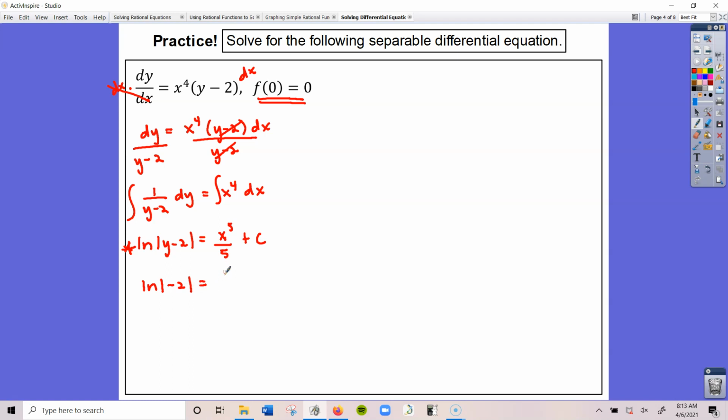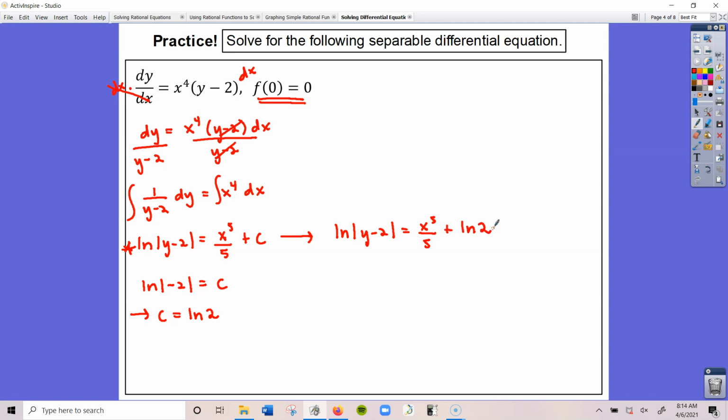Is equal to 0 to the 5th is just 0, so c. So that means that c is equal to the ln of positive 2. So now we can plug this in to our general solution here. So the ln of y minus 2 is equal to x to the 5th over 5 plus the ln of 2.